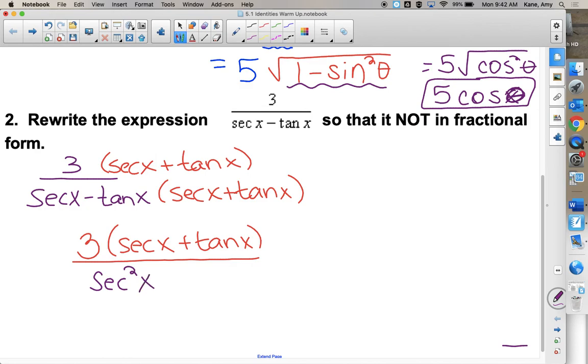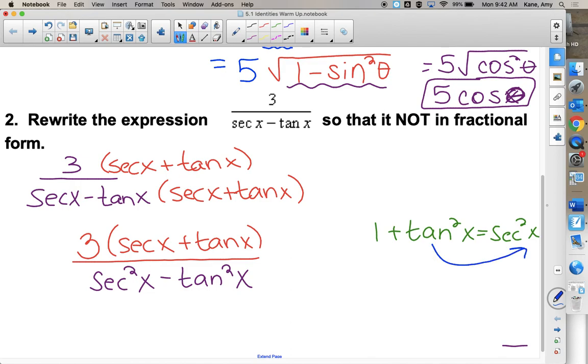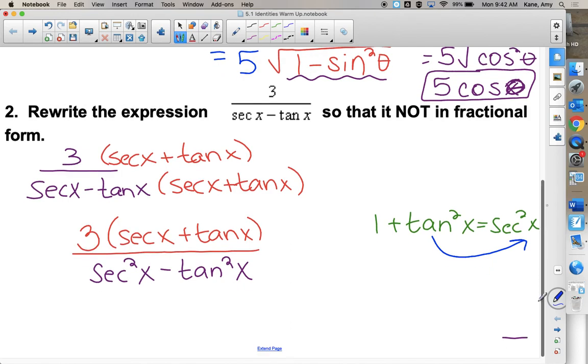Our middle terms cancel because we're using conjugates. And then negative tangent and tangent is negative tangent squared. And then Dylan said it's going to equal 1 because 1 plus the tangent squared is equal to the secant squared. Well, if I subtract tangent, the secant squared minus the tangent squared is just equal to 1. So this whole denominator is equal to 1.